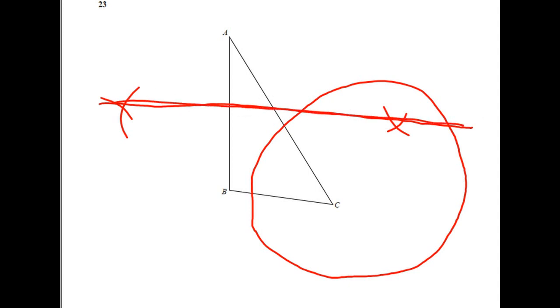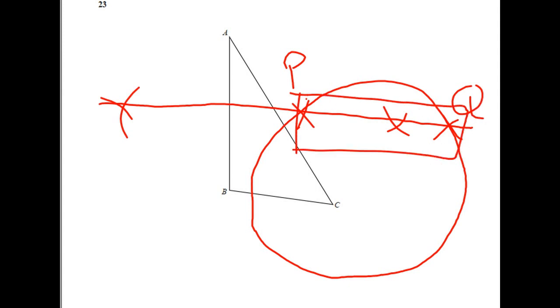The points P and Q lie on the perpendicular bisector, so it's on this line as well as on this circle. Mark and label the points P and Q. So this could be one possible point, and this could be the other possible point. So mark these 2 points P and Q on the diagram and measure PQ. Next, you place your scale over here and measure this length. Marking scheme says it can be any value between 4.3 to 4.9.